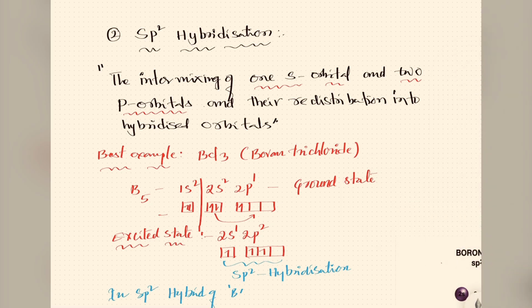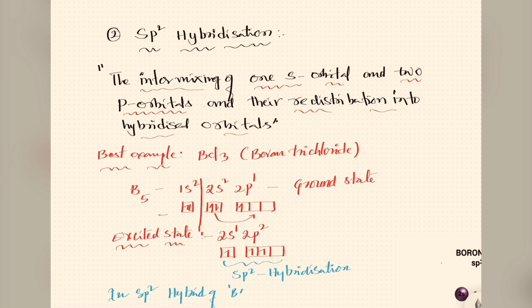All of you concentrate. sp2 hybridization is the intermixing of one s orbital and two p orbitals and their redistribution into hybridized orbitals.